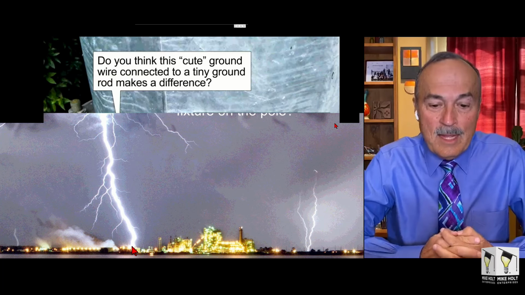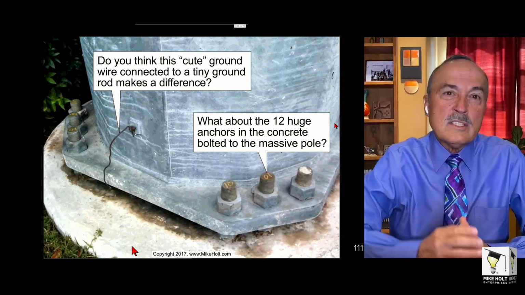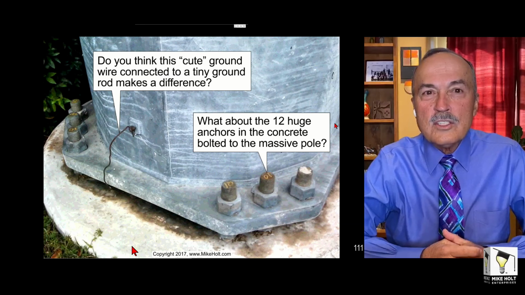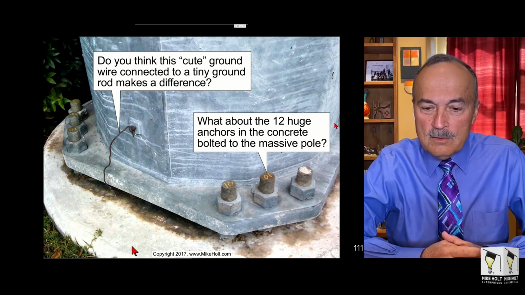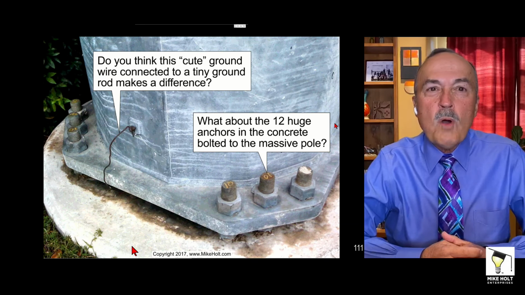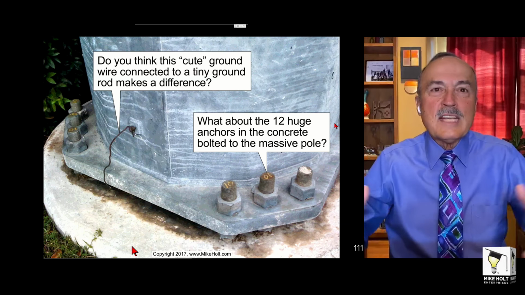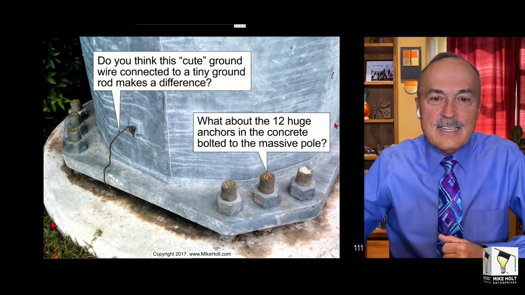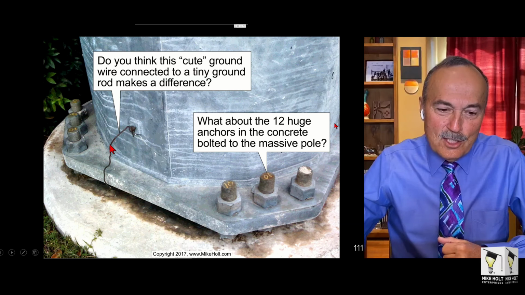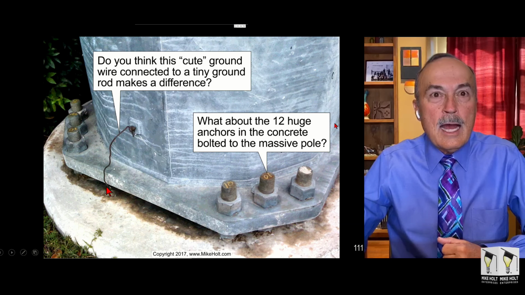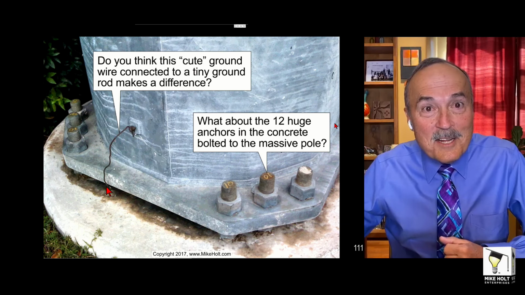How about this one? I found this, I don't know, 100-something foot tall pole with light fixtures all on the top of that. What, 1-1/4 inch bolts, anchors that go down maybe 18 feet into this massive concrete base. And look at this. There's this cute little ground wire. Are you kidding me?